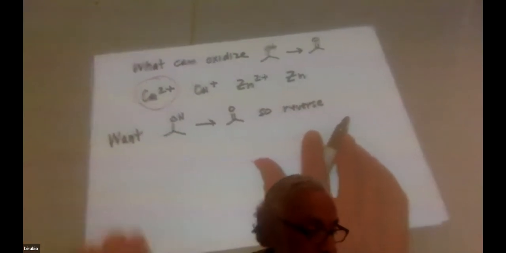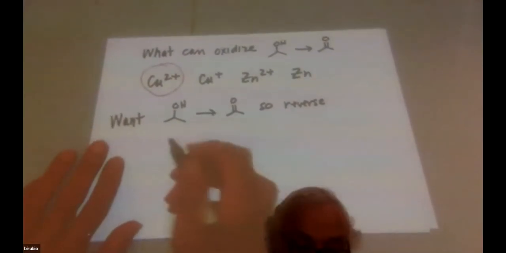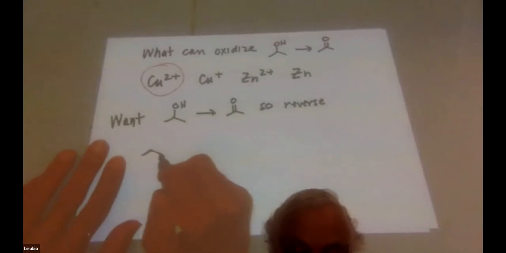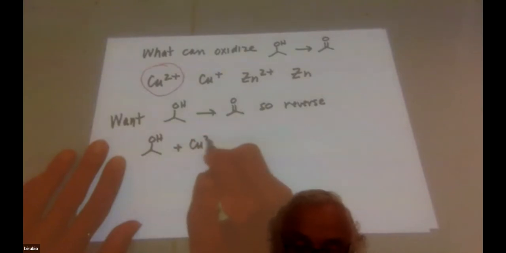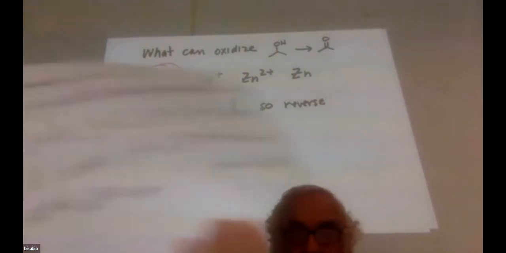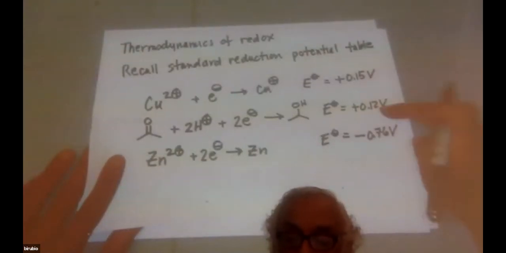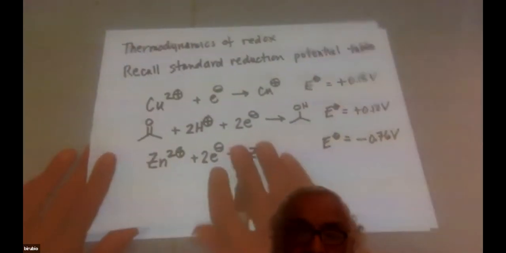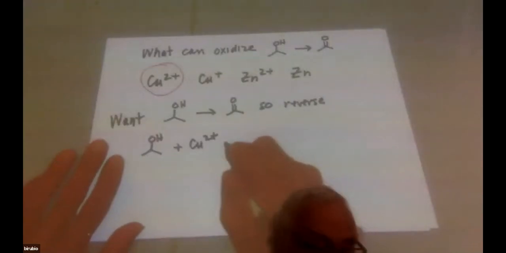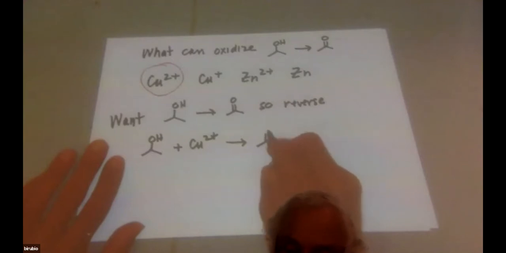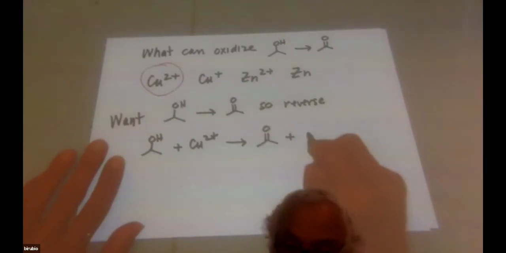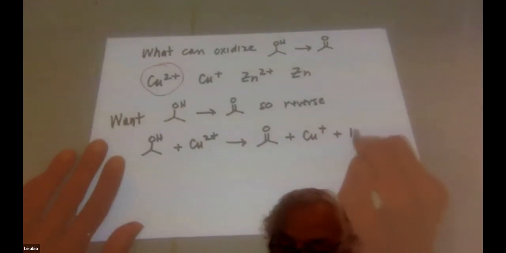So our balanced equation is going to be the alcohol as the starting material plus copper 2+, because that's the reaction with the more positive E0, going to the ketone, which we want, plus copper plus, plus H plus.